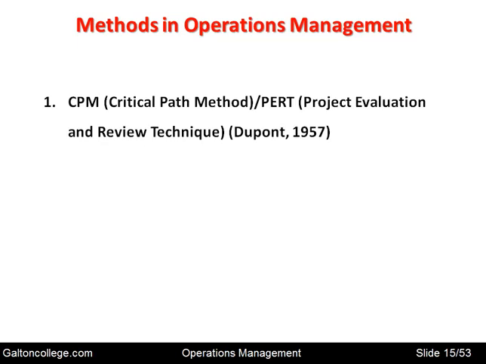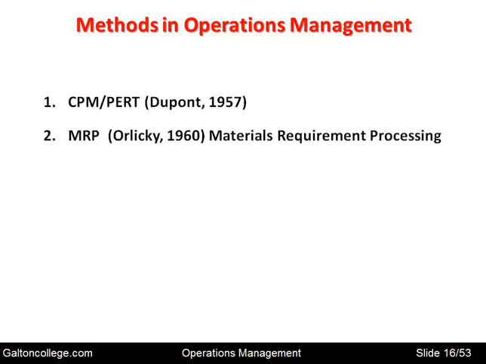Methods in operations management. Well, we have the critical path method and PERT, the project evaluation and review technique. We'll come back and have a look at what these are, but that's one technique that's used. We have the materials requirement planning.